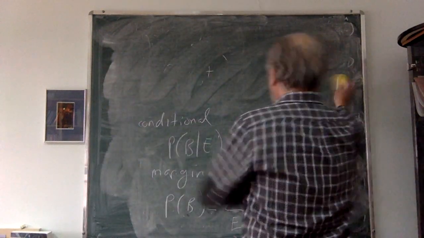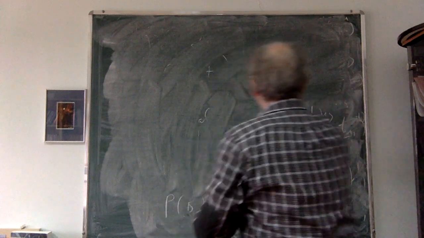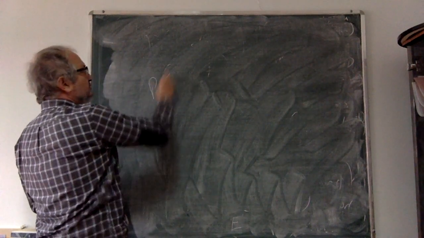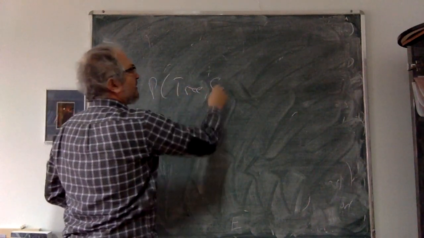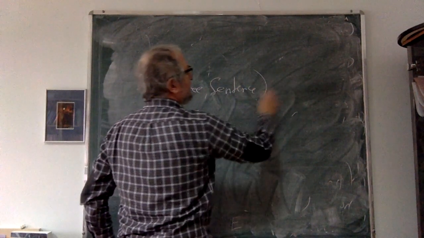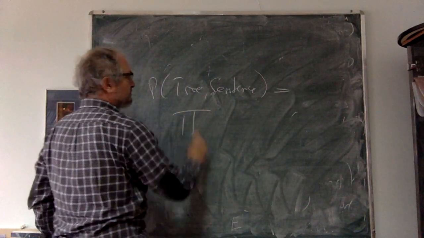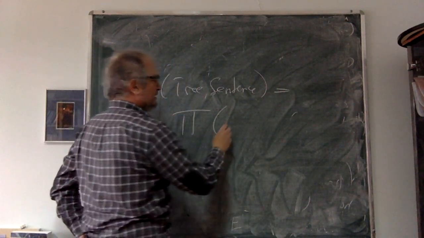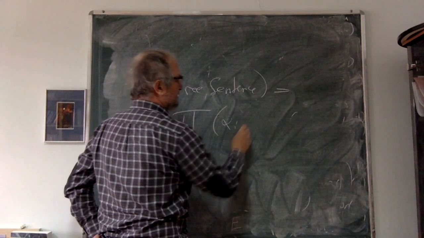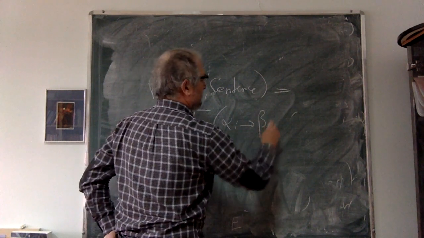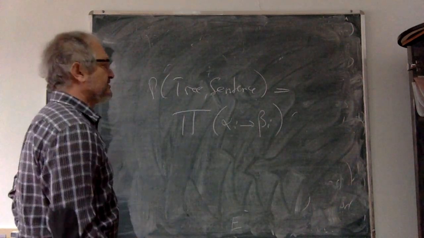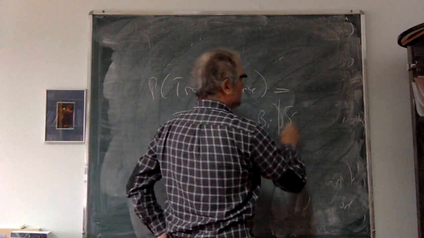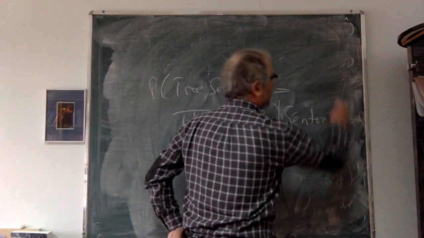If you remember the first thing that I wrote, I wrote something like this. Probability of a tree given sentence I defined as probability of, using these things under the influence of a sentence.